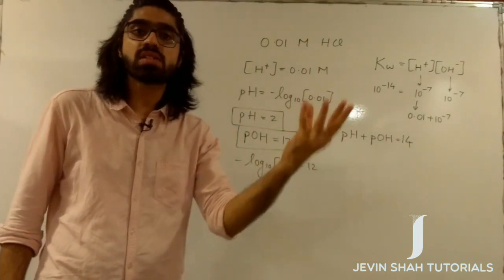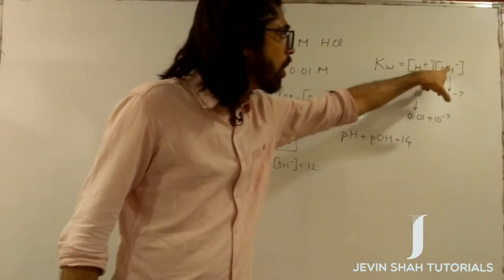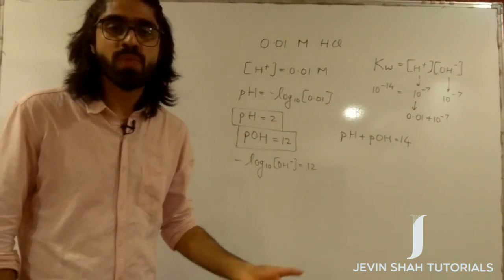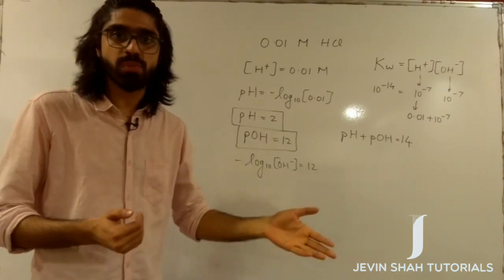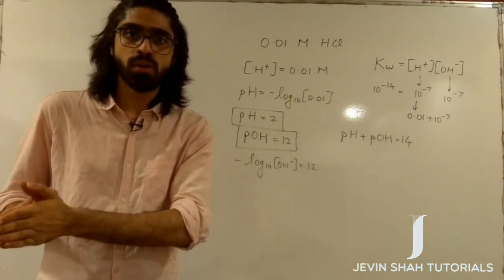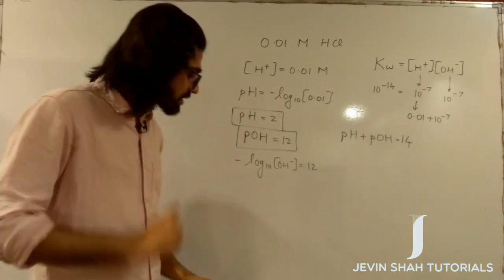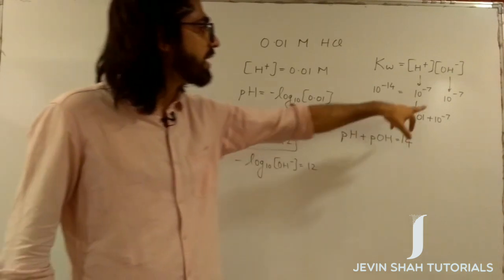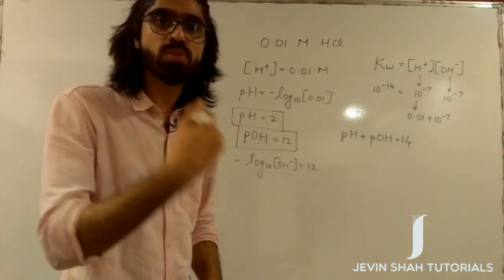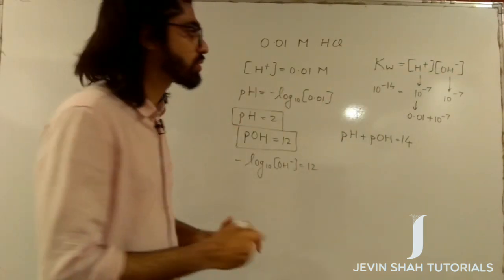And how do you decrease the product? The product will be decreased when you try to decrease H plus or you try to decrease OH minus. How do you decrease H plus or OH minus? You combine H plus and OH minus, and they will form water. That is how you are decreasing H plus and OH minus values. So let us say, for example, out of 10 power minus 7 moles of OH minus that you had, X moles of OH minus are combining with H plus.